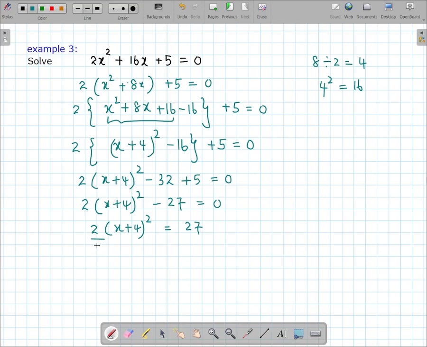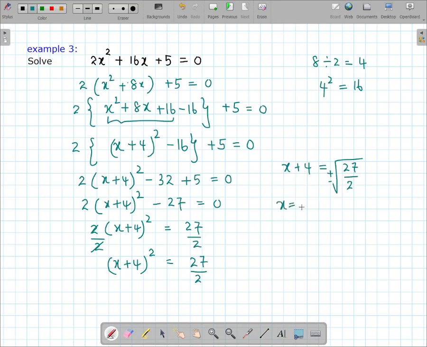Then I can divide both sides by 2. 2 gets cancelled. (x plus 4) to the power 2 equals 27 over 2. Then I can send this square to the other side. I write here x plus 4 equals root of 27 over 2. When you put root, you have to put plus or minus. Then I can send this plus 4 to the other side.